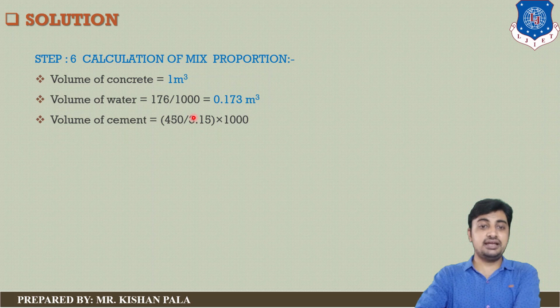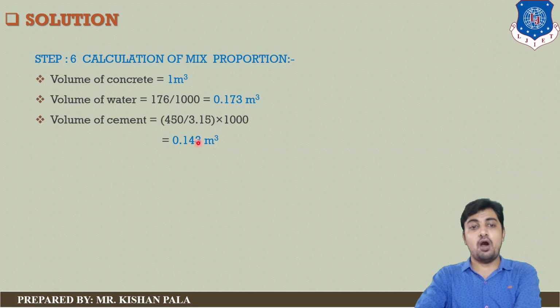We can easily calculate the cement volume by this equation, 450 kg divided by specific gravity, which gives 0.143 meter cube of cement volume.